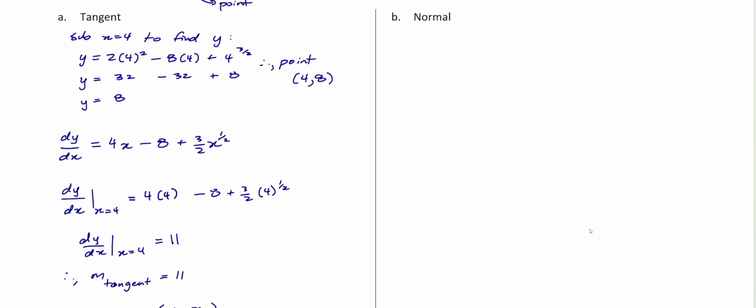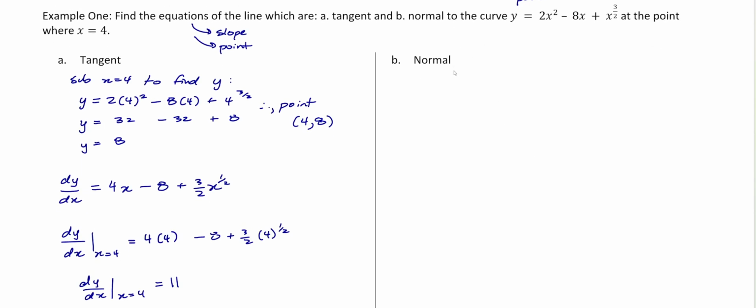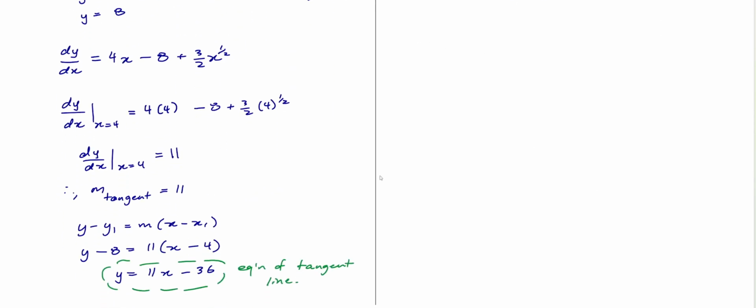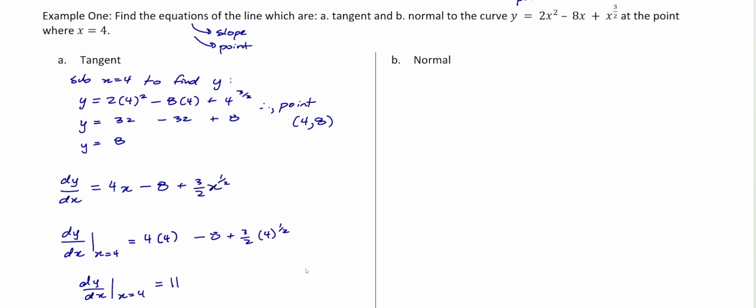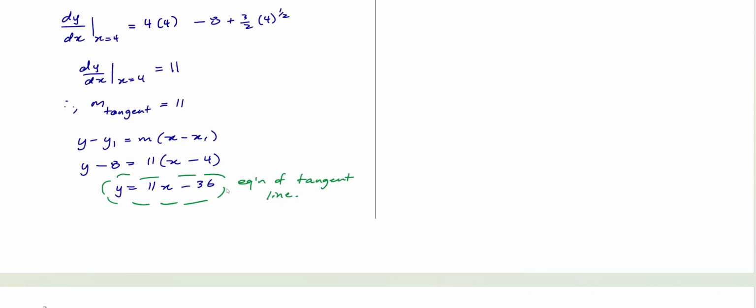What I need to do now is find the normal to this curve. Well, like we said, the normal is perpendicular to this tangent line. So if it's perpendicular to this tangent line, then the slope of the normal is equal to the negative reciprocal of the slope of the tangent.